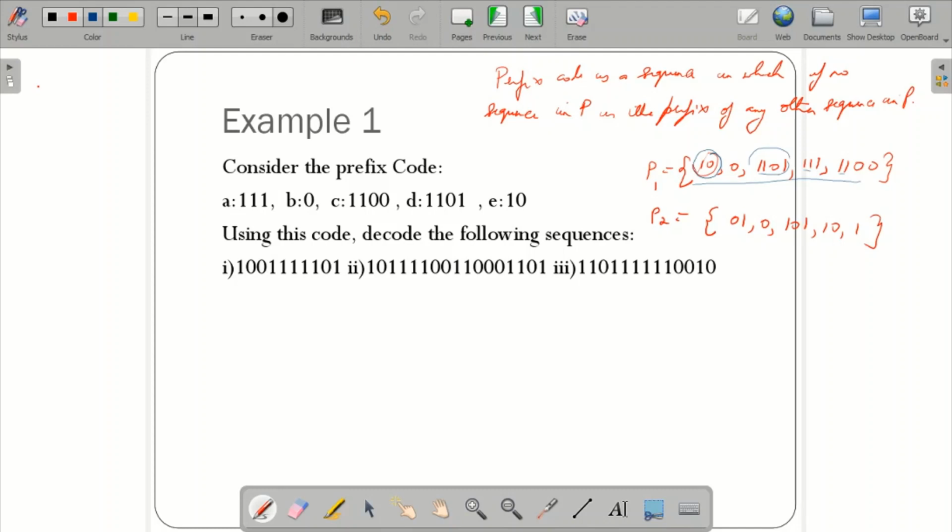Now consider this particular P2. 0, 1 is there, but just 0 is there as well, right? That is a prefix of another sequence. If you check over here, 0 is the prefix over here. So this is not possible. Again 101, where 10 is the prefix.